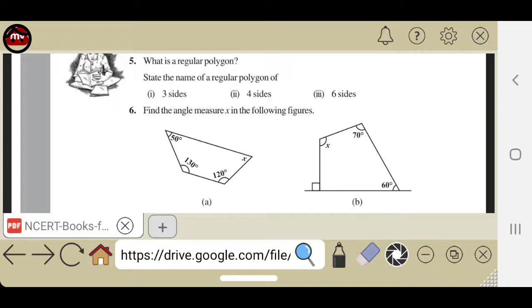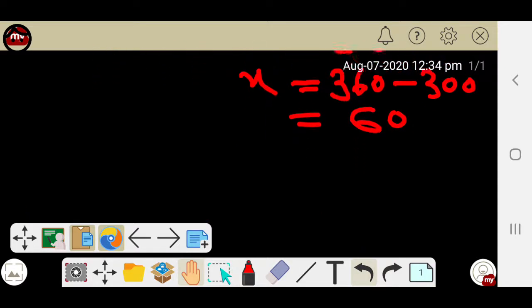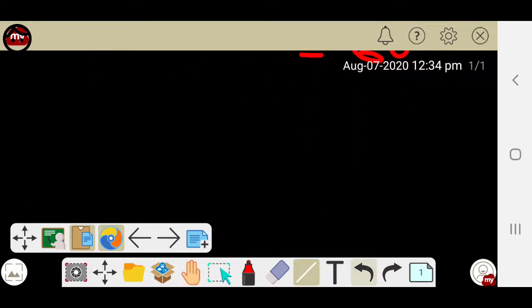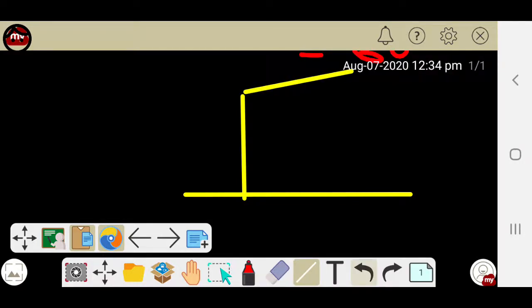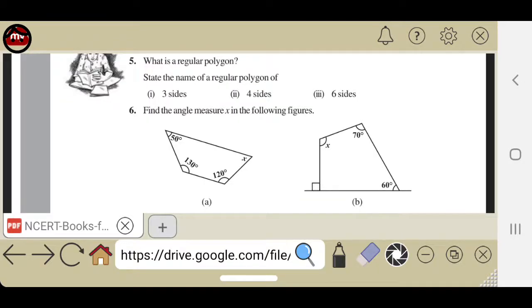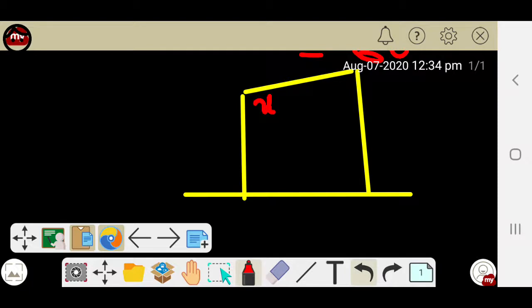The angles are x, 70 and 60, and it is given that one angle is 90 degrees.